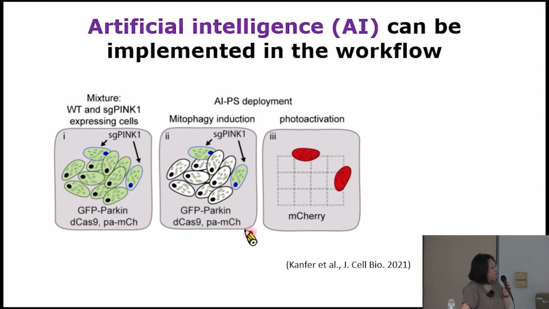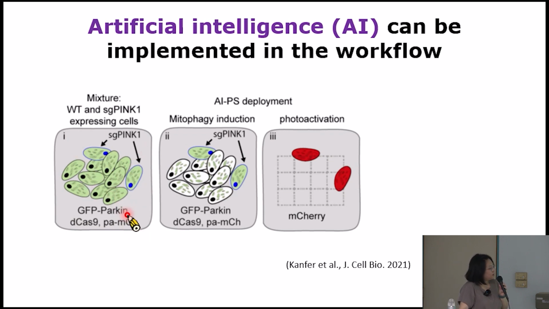So the method they use to test their system is that they have many cells that all express a GFP-parkin. So parkin is a protein that is associated with Parkinson's disease. It's normally in the cytosol, so you can see the green signal in the cytosol in every cell.